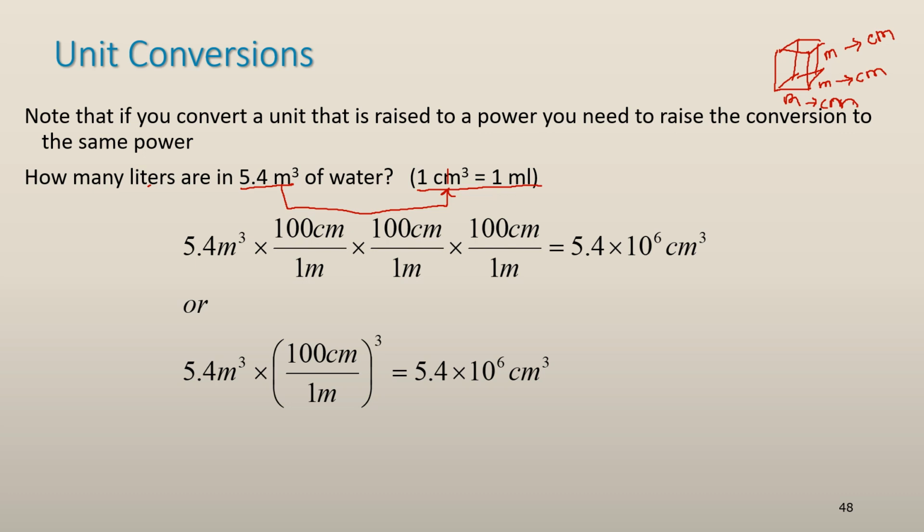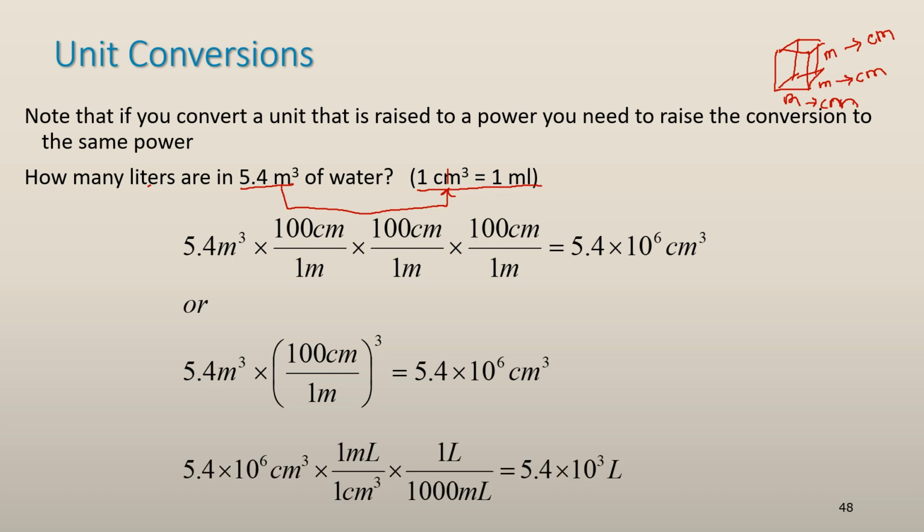So I've converted my meters cubed to centimeters cubed, and I know that my 5.4 times 10 to the 6 centimeters cubed is the same as milliliters, so I can convert that to milliliters. And then I know that I have 1,000 milliliters in a liter, so I divide by 1,000 to get liters. And so this is how many liters are in 5.4 meters cubed. So just be careful about the cubic.